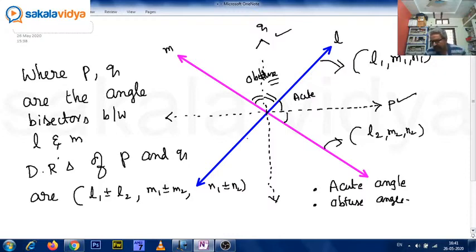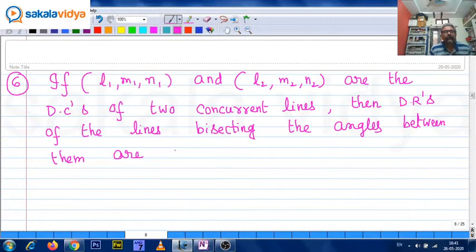This is the concept of the angle bisectors. So now here are given by L1 plus or minus L2, comma M1 plus or minus M2, comma N1 plus or minus N2.